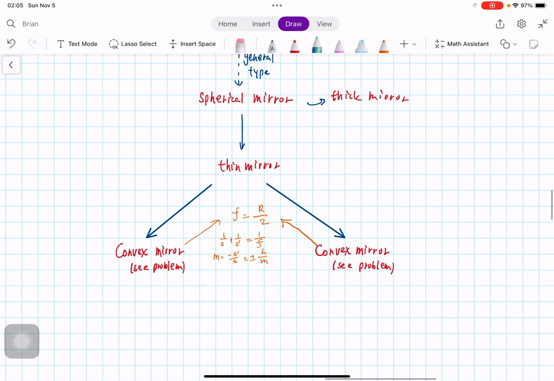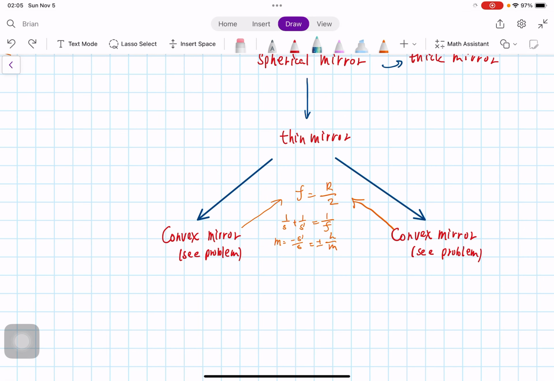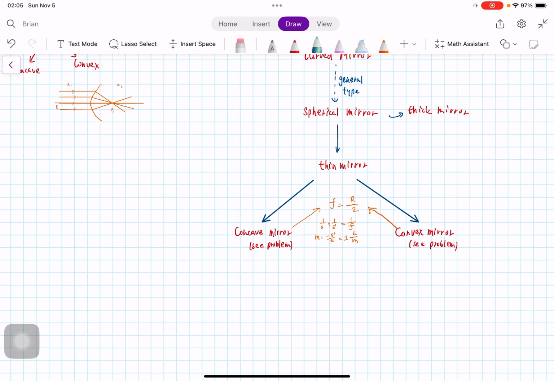For thin spherical mirror, we have the thin mirror equations. And then it could be classified into a convex mirror and a, why are there 2 convex? One should be concave. Let me change it. So this should be a concave mirror, and the other would be a convex mirror.